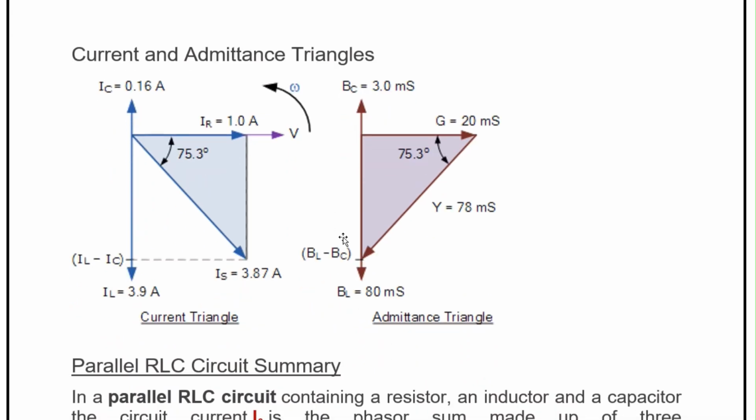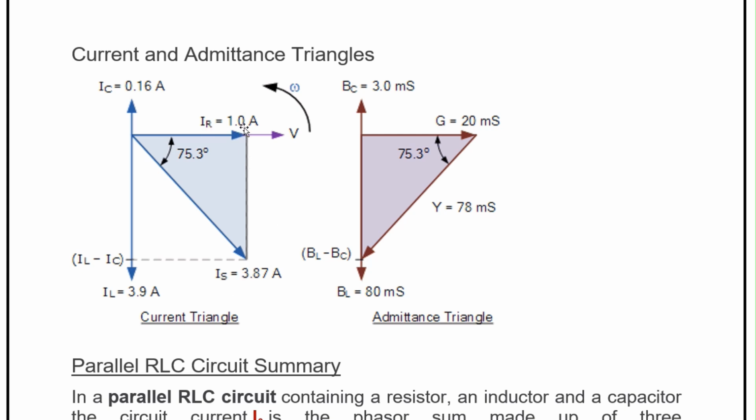And here are the current triangle and admittance triangle. Here is IC 0.16, and here is IL 3.9 ampere, and IL minus IC is having this value. Subtracting IC from IL, you get a particular value. You draw it and draw the diagonal. This gives you the value of Is.